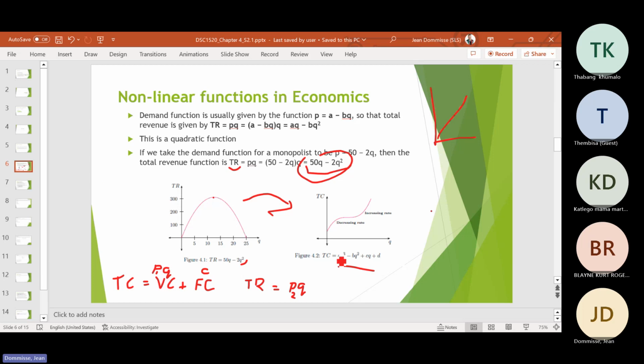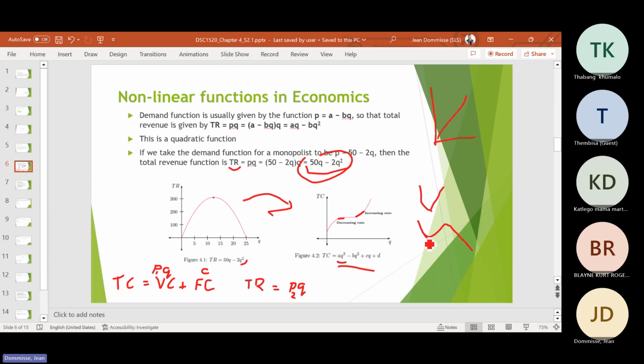Here we actually have a cubic function, so instead of the quadratic there's another shape in it. You can see the first bend and the second bend.